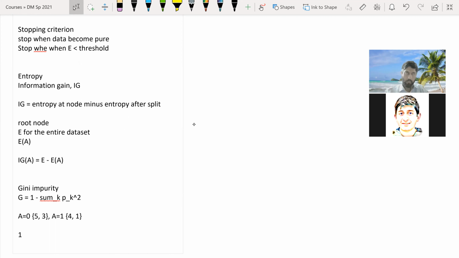ठीक है? So we will have one minus, so दो classes हैं, तो पहला class हम लेंगे which is 5 divided by 8. So proportion क्या है? 5 over 8 है, and you square it. ठीक है? So this is the first sum करना है for all the classes.